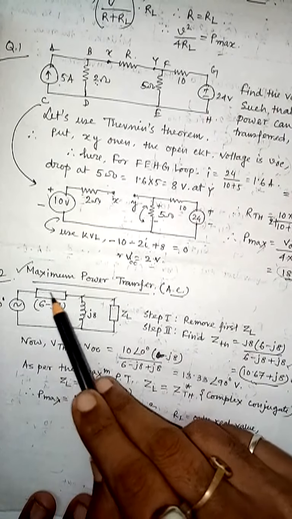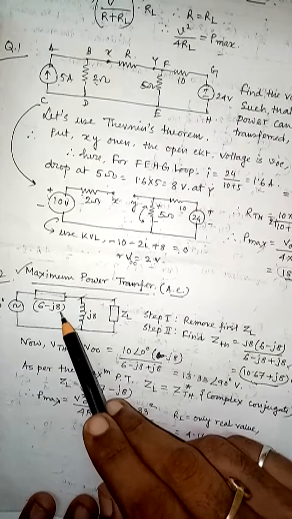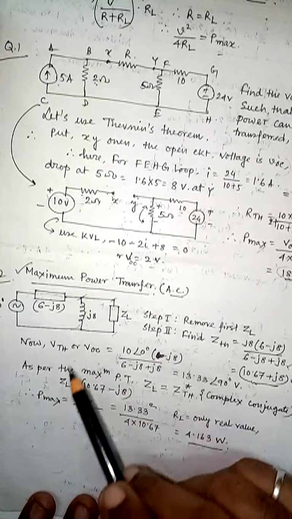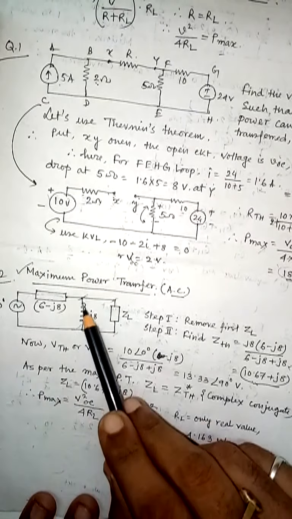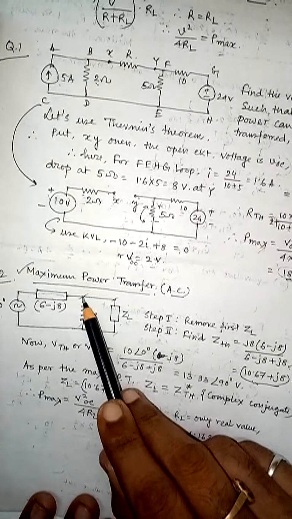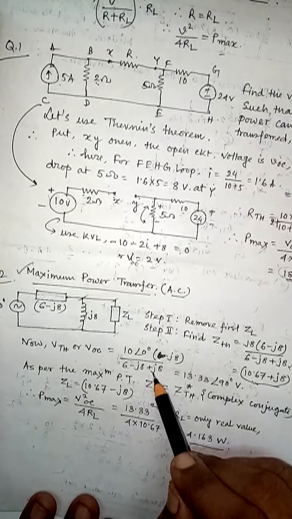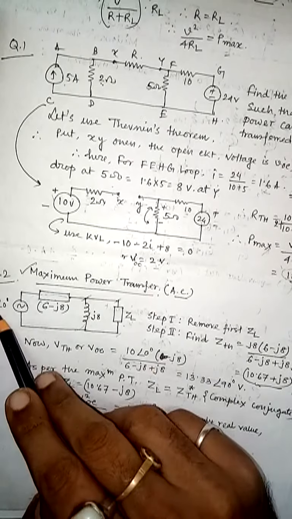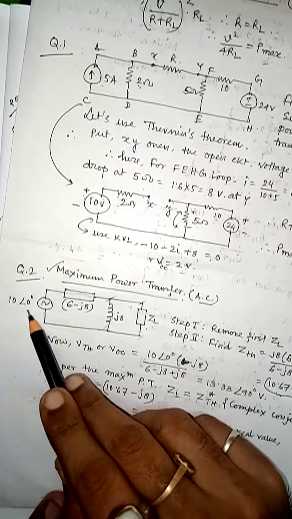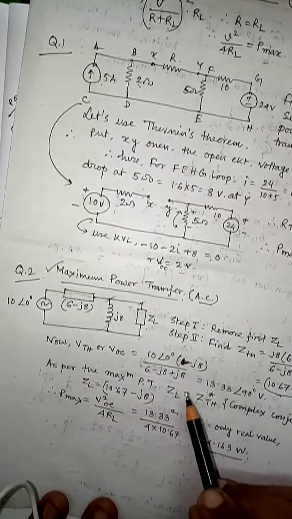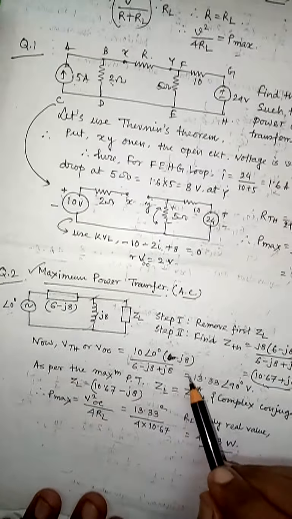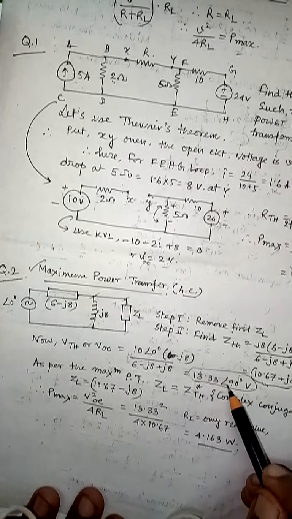After passing through this resistance, what is the drop? The drop is this one plus this one into this particular point voltage drop. So it is J8 by 6 minus J8 plus J8, into 10 angle 0, it is given, as you can see this. So finally it is 13.33 into 90 angle, this volt.